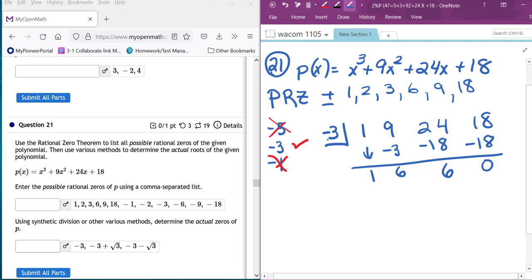What we did that for was to get this quadratic out of it, because we know how to solve a quadratic equation. So we're dropping 1 degree lower. We have x squared plus 6x plus 6, and we're going to set it equal to 0 and solve. Now, because I did not get answers out of there, I'm not going to be able to factor this down. So I'm going to have to go to quadratic formula.